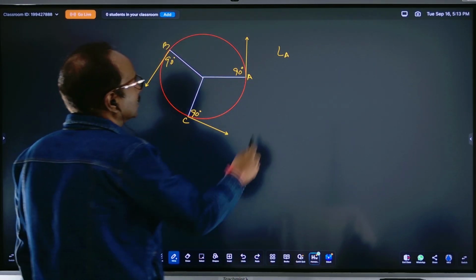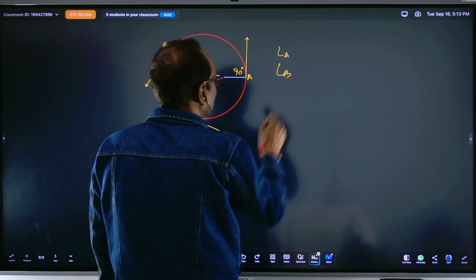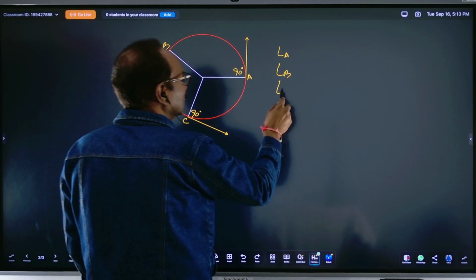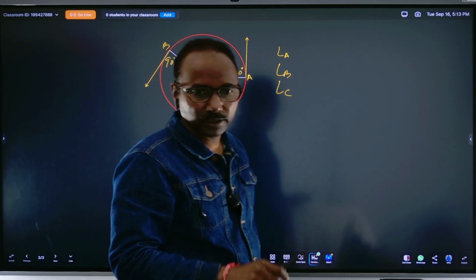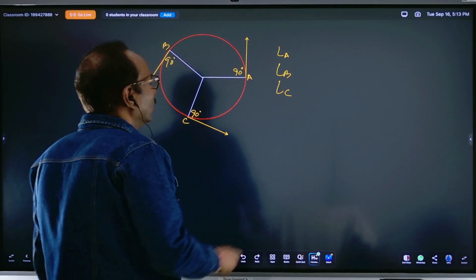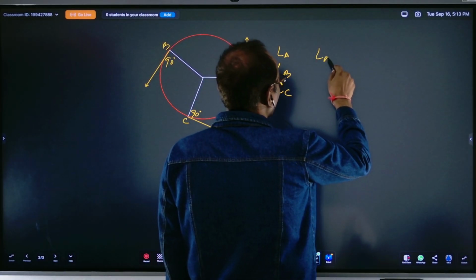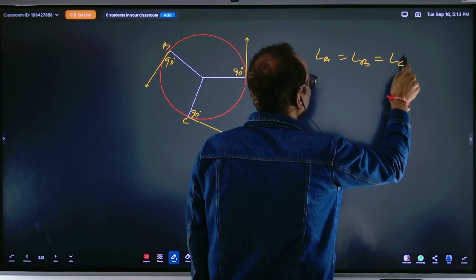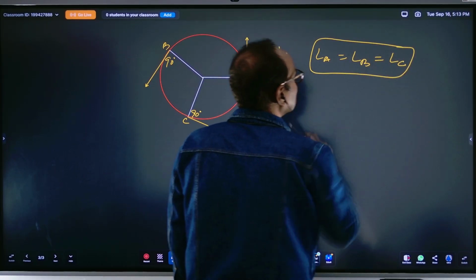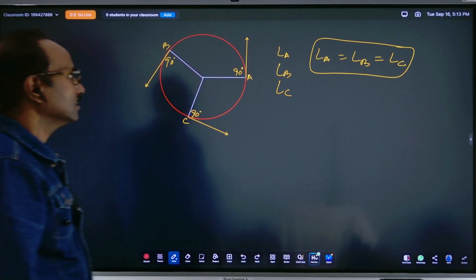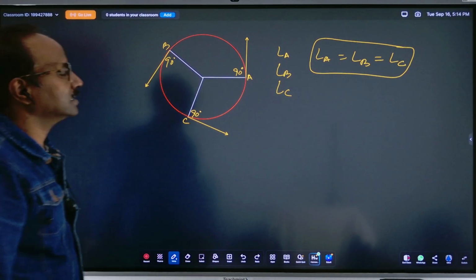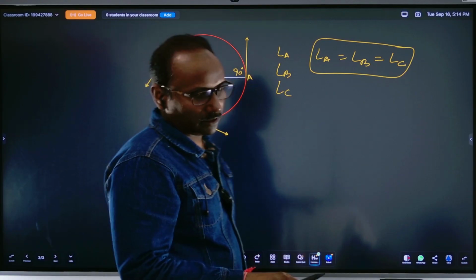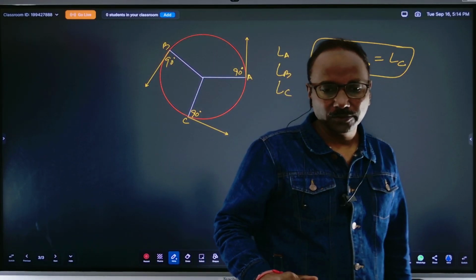At B, it is LB. At C, it is LC, after measuring with the ruler. And if you find that LA is equal to LB and is equal to LC, then you can say that it is a uniform circular motion.